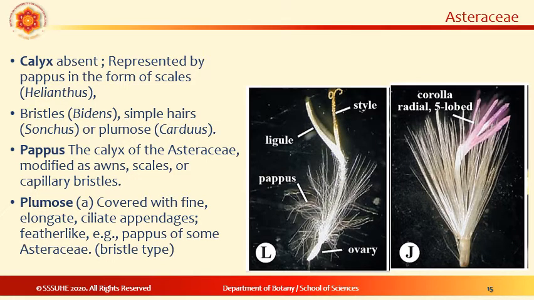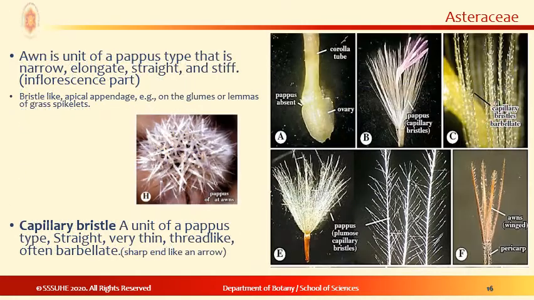Calyx is generally absent, but it is represented by a variety of modifications such as awns, scales, or capillary bristles. So here is a picture of different types of calyx. You can see the awn is a pappus type which is narrow, elongate, straight and stiff.